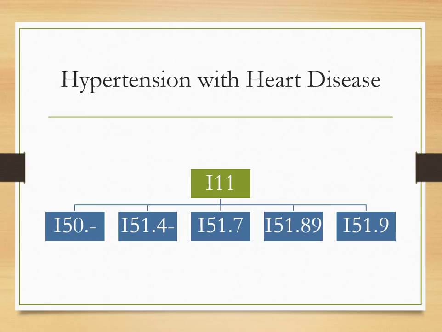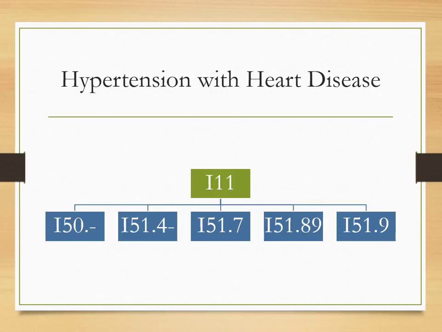The classification also instructs us to list an additional code from category I50 for those patients with heart failure, and again, unless the provider says that they're not related, they are assumed to be related by the classification.